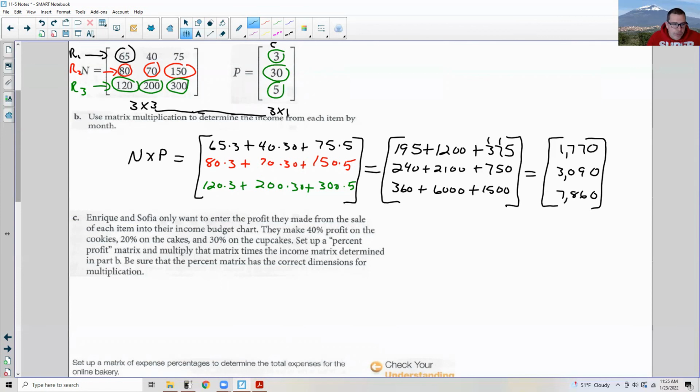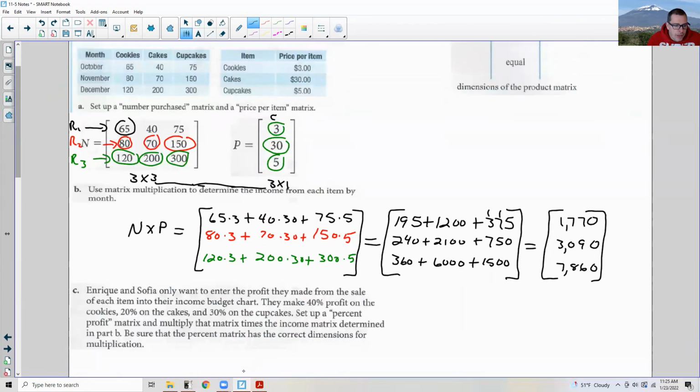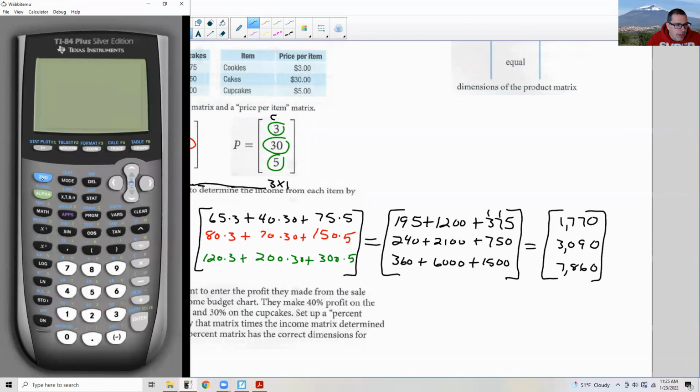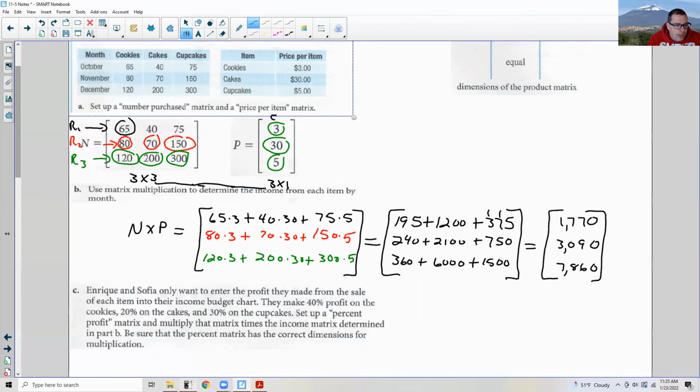Okay, and now let's do it in the calculator and watch how simple this is. So I'm going to go to my calculator, turn it on, clear the home screen, second matrix, and I'm going to edit A. And I'm going to make it a 3 by 3 this time.